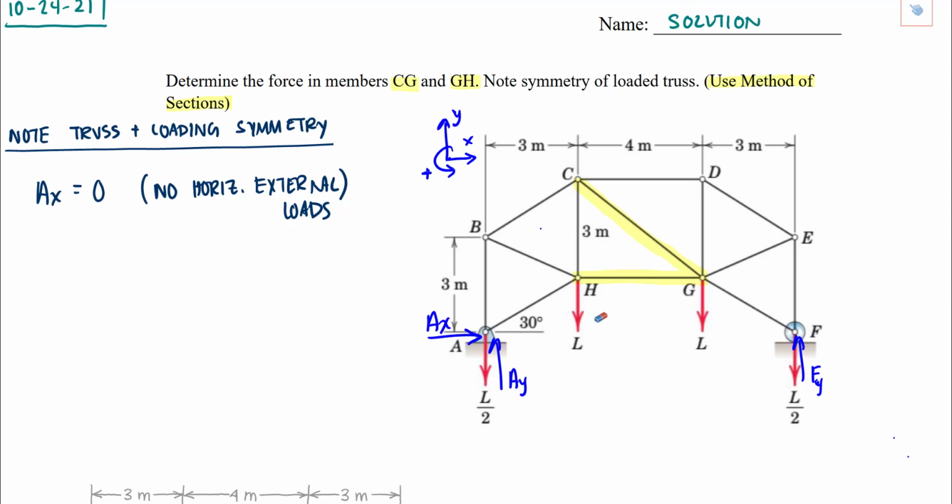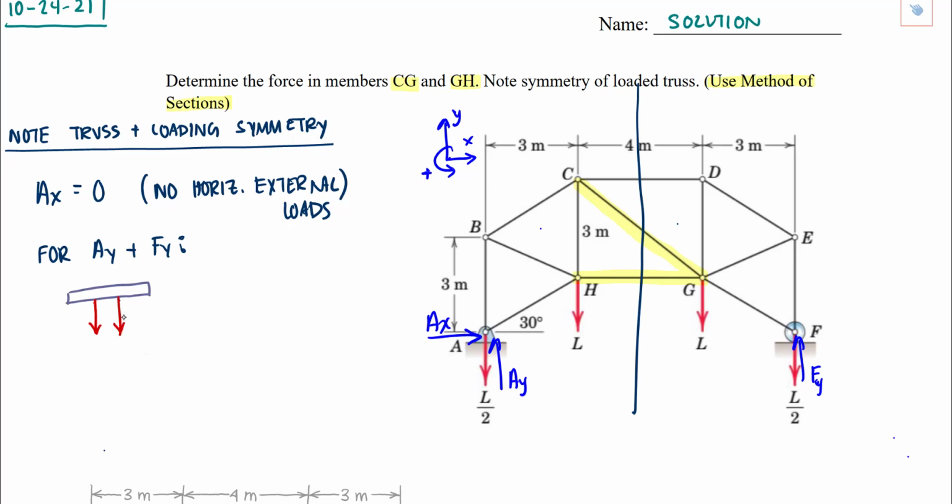Because with this truss right here, you have a reaction force here and a reaction force here. And because our loading is the same on both sides, we can distribute that 50-50. So then for AY and FY, I'm going to just do this real quick.